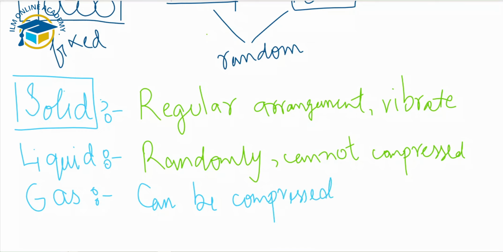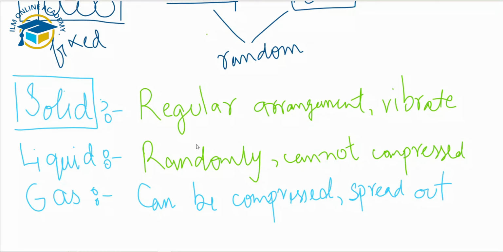They have random arrangement and can be spread more. This is because of the properties of the particles in case of gases. So these are the important properties related to the solid, liquid, and gases.